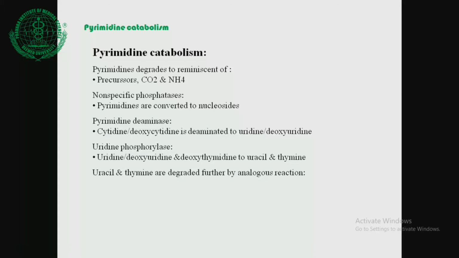Uracil and thymine are further degraded through common reactions mediated by common enzymes. Uracil is degraded to carbon dioxide, ammonia and beta-alanine. Beta-alanine is further converted into malonyl coenzyme A and eventually to acetyl coenzyme A.